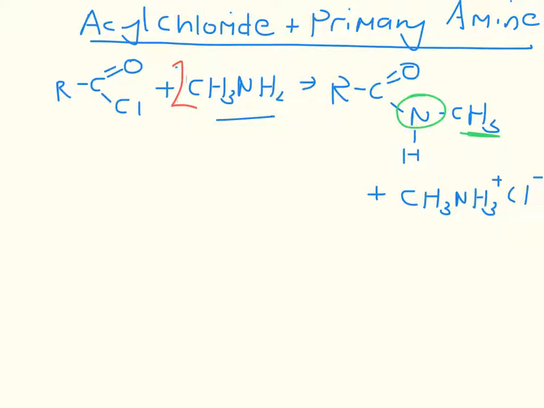So very similar to how I've reacted it with ammonia previously. Because ammonia is a base, and also methylamine is a base, it will react with the HCl that would have been produced by this reaction. So you need 2 of those, and you will make the salt at the end as well. So just remember that. Okay, so let's look at the mechanism.